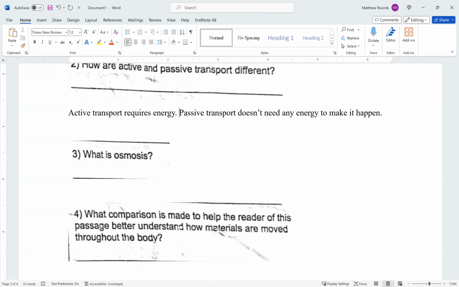Okay, so this is how you would answer this question. You would basically say something very similar where you describe the energy for each of them. You can say that active transport requires energy, passive transport doesn't need energy to make it happen. So go ahead and write that down for us, please.